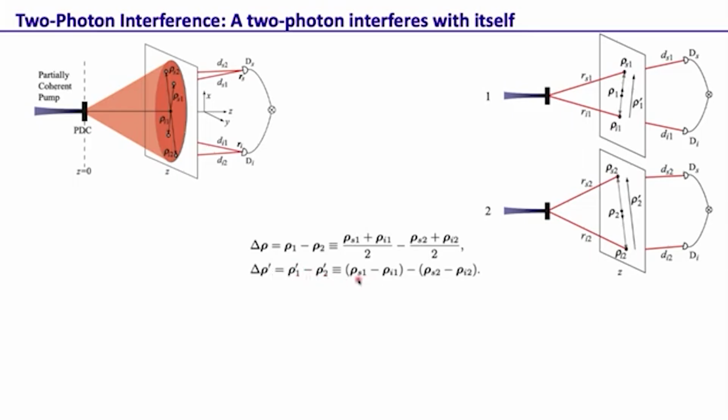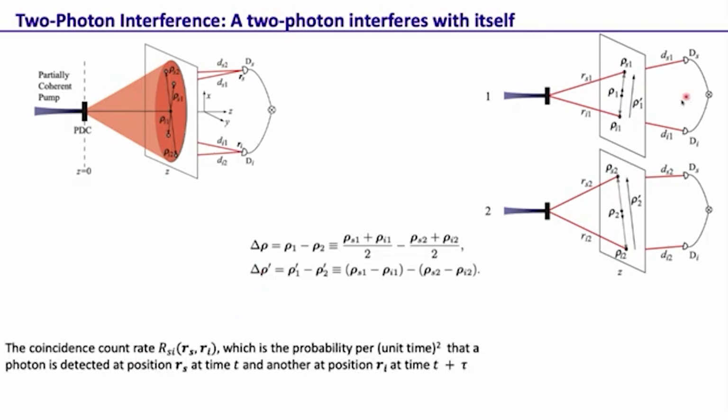Rho 1 prime is defined as rho S1 minus rho I1, so that's this vector, and rho 2 prime as rho S2 minus rho I2, that's this vector, and their difference is delta rho prime. This is pretty much in the same sense as we had defined delta L and delta L prime. And we'll try to derive the two-photon interference law in terms of these 2 quantities.